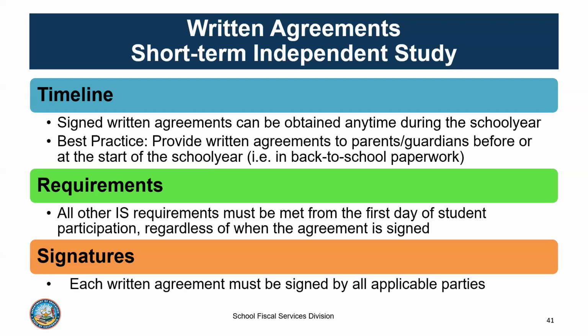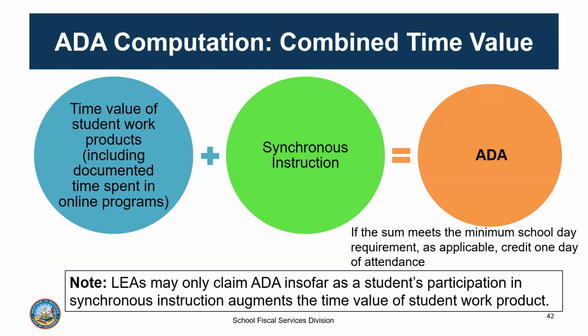Each written agreement must be signed by all applicable parties, including the student's parent, legal guardian, or caregiver if the student is less than 18 years old, the certificated employee designated as having responsibility for the general supervision of independent study, and, if applicable, the certificated employee designated as having responsibility for special education.